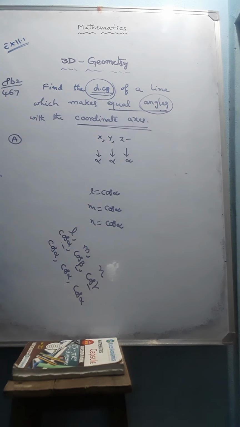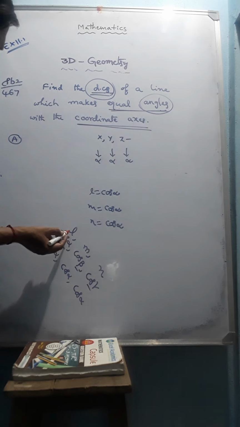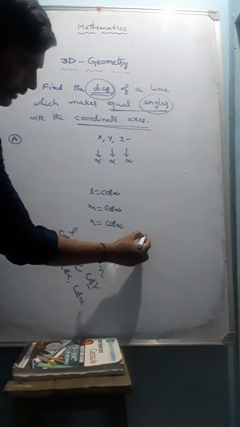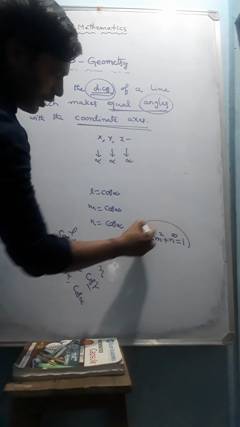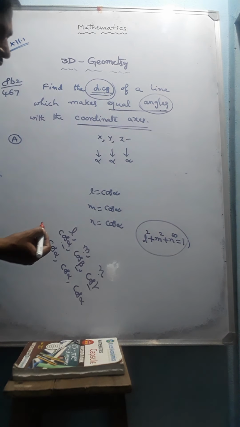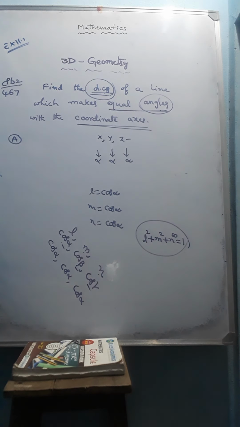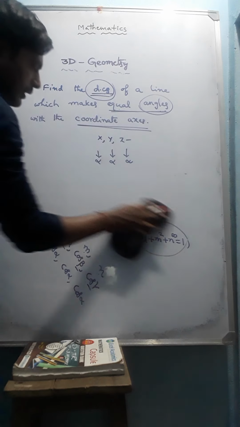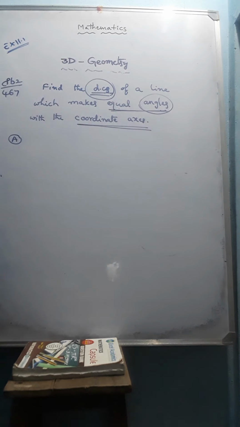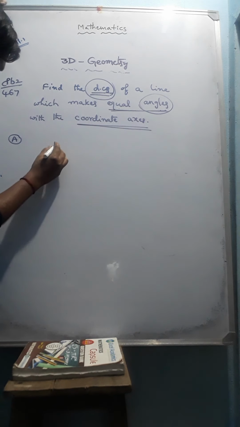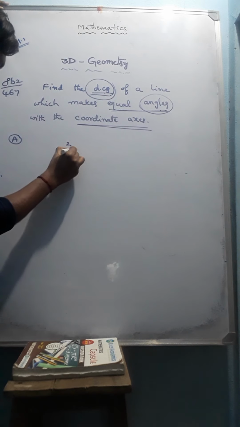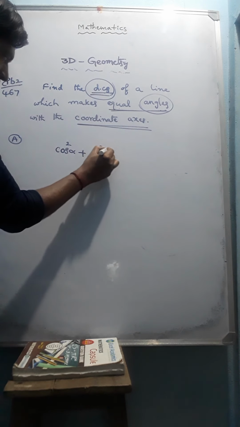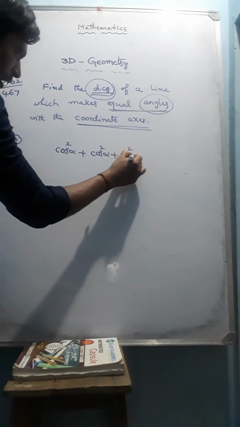We know the relationship of L, M, N is L square plus M square plus N square is equal to 1. This concept we also discussed in vector algebra. You can see it in your notebook. So here you can write directly: cos square alpha plus cos square alpha plus cos square alpha is equal to 1.